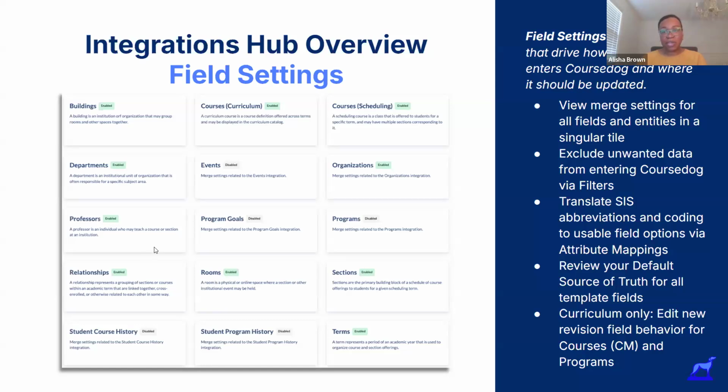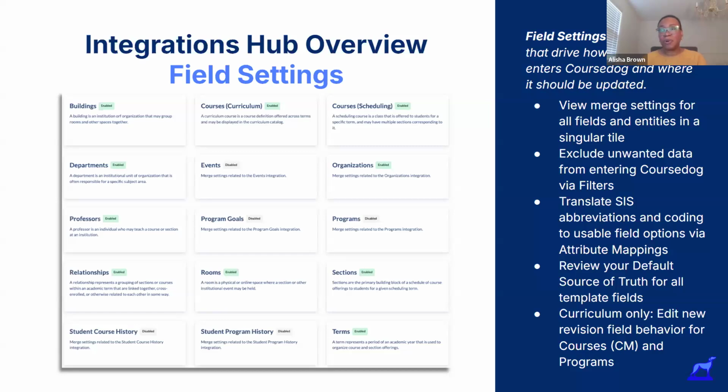Attribute mappings also live within these tiles. Attribute mappings translate codes and abbreviations from your SIS and turn them into usable information that can populate your dropdowns for you to access when you're filling out any template related information. For curriculum only, you can now edit revision field behavior, and that just helps you determine which fields will persist after changes are made.